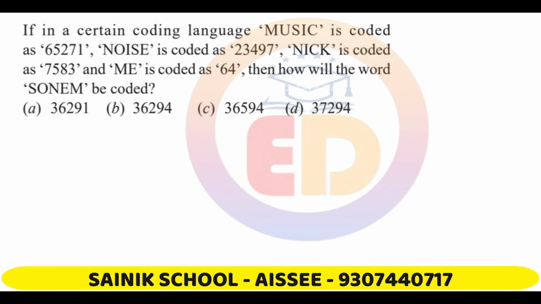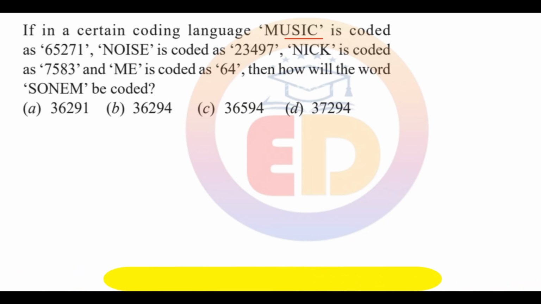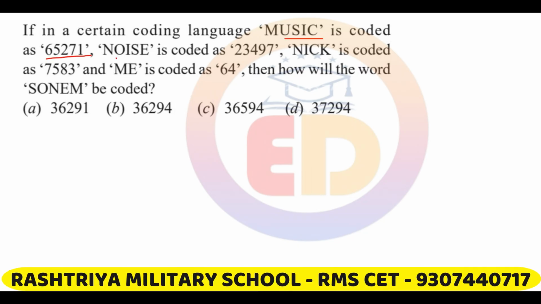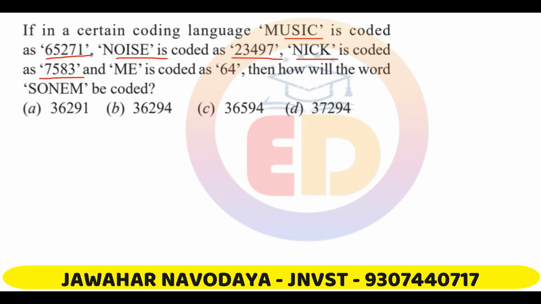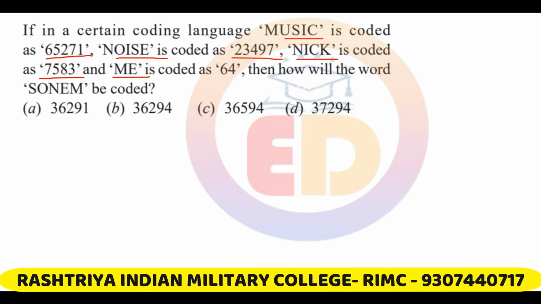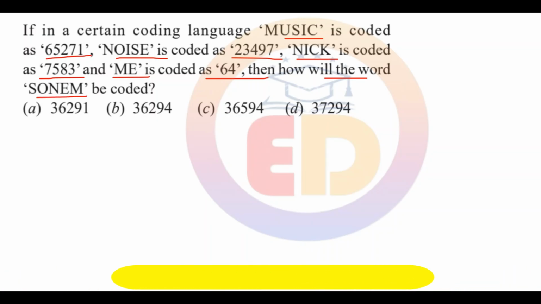If in a certain coding language, music is coded as 65271, noise is coded as 23497, nick is coded as 7583, and me is coded as 64, then how will the word sonem be coded?